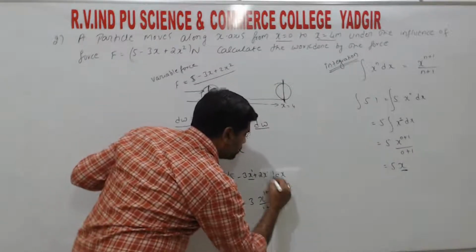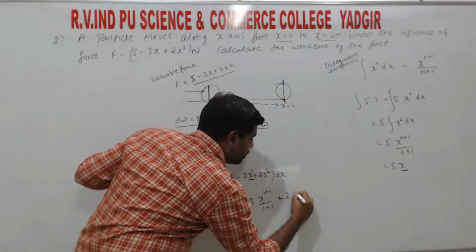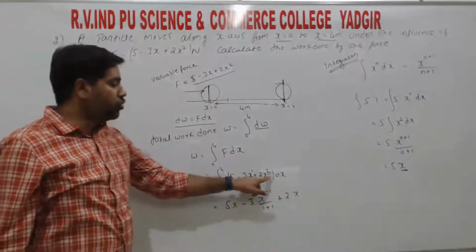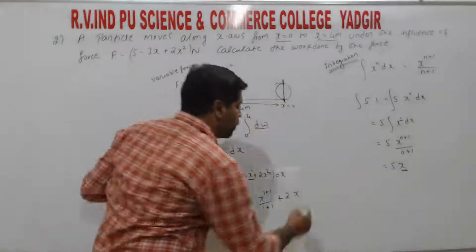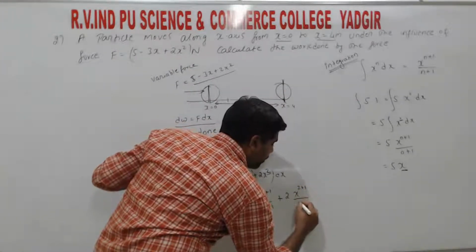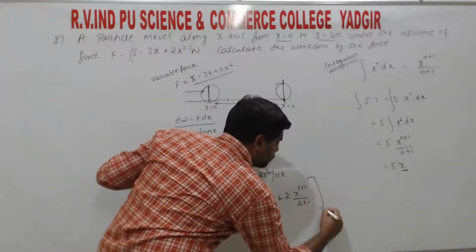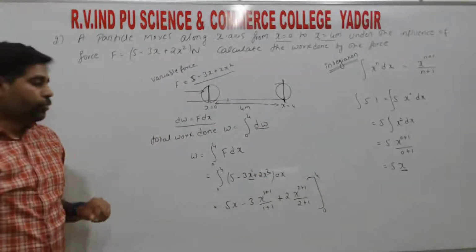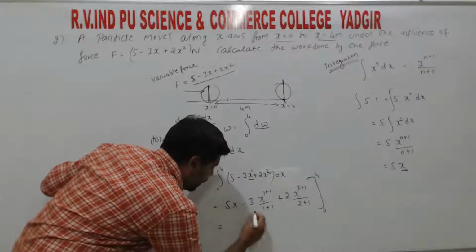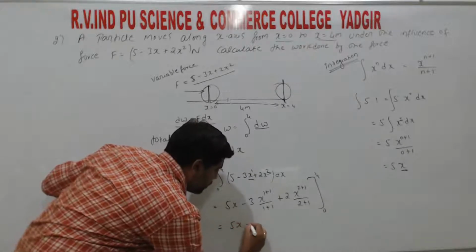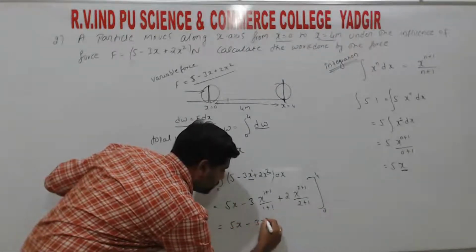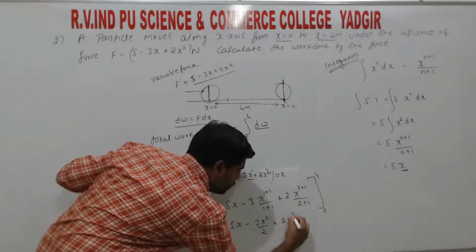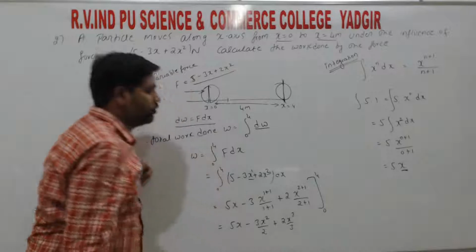Plus 2, in the second equation the n value is 2. So the formula is x power 2 plus 1 divided by 2 plus 1. So limit is 0 to 4. So in the final equation we get 5x minus 3x square divided by 2 plus 2x cube divided by 3.